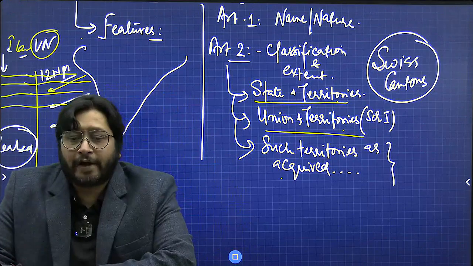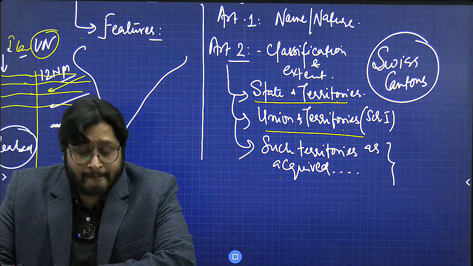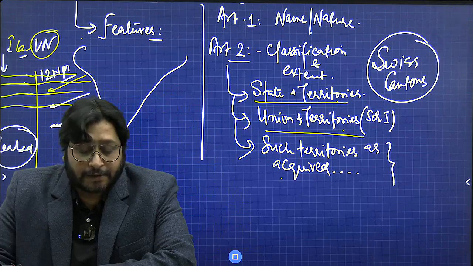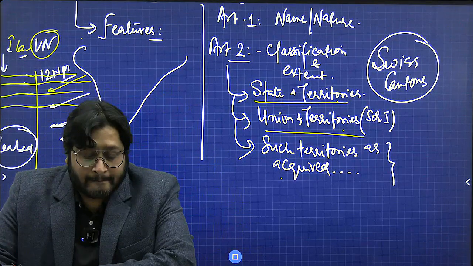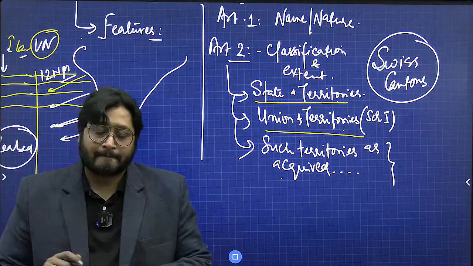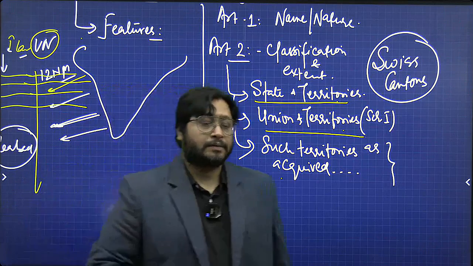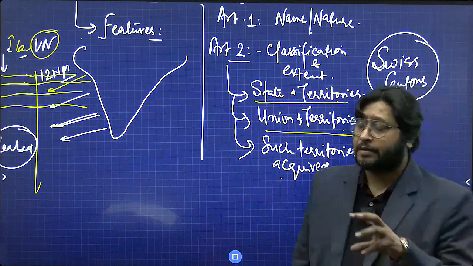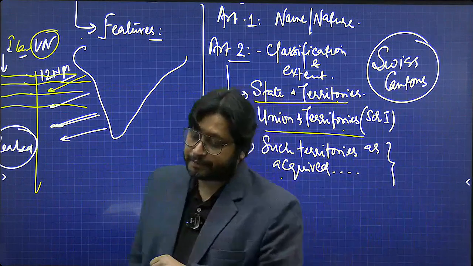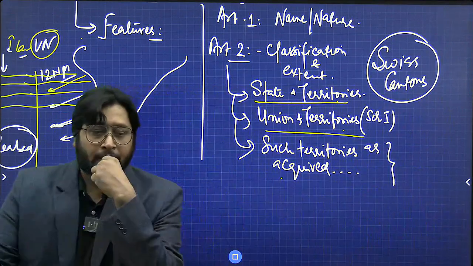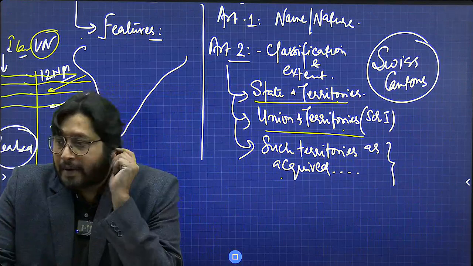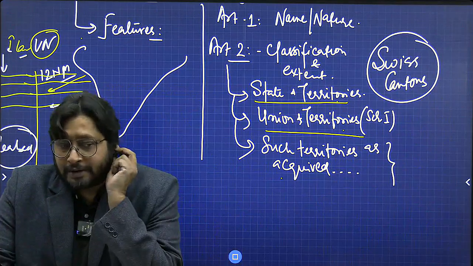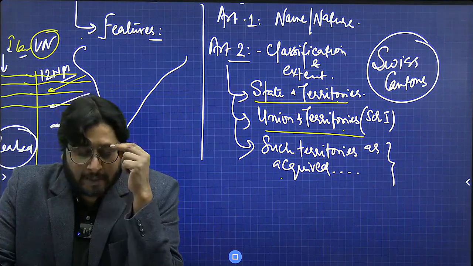The territory of India that is defined consists of three categories: state territories, union territories, and territories which may be acquired by the government.